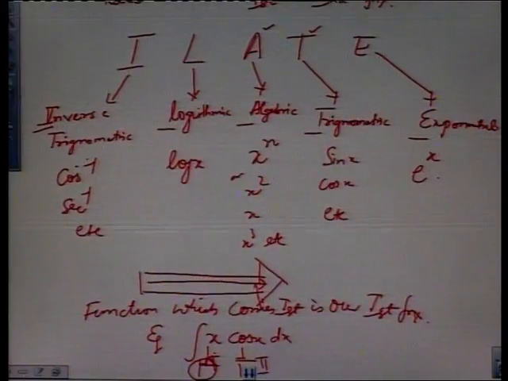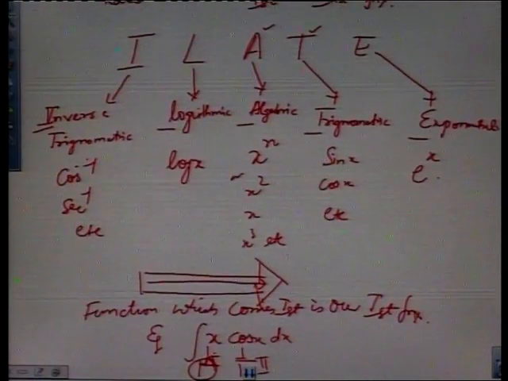So, using these results, we will try to solve some more problems. Let us have a new problem. It is x into e raised to power 2x into dx. Now, x is algebraic and e raised to power 2x is an exponential function.